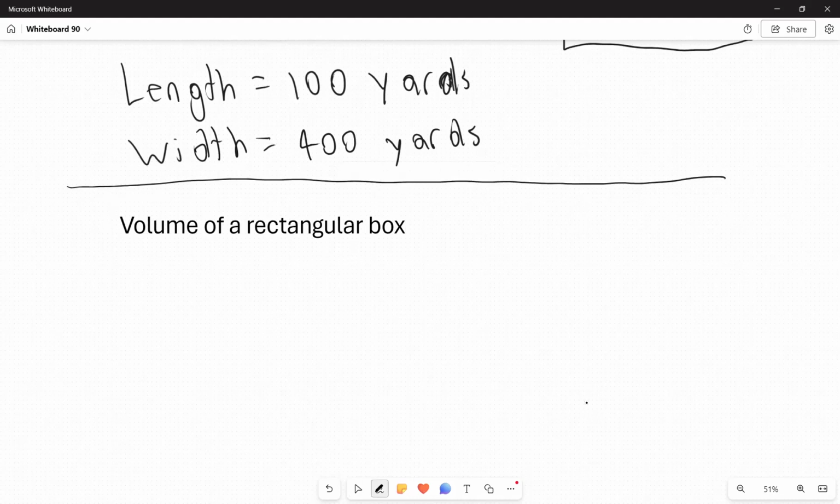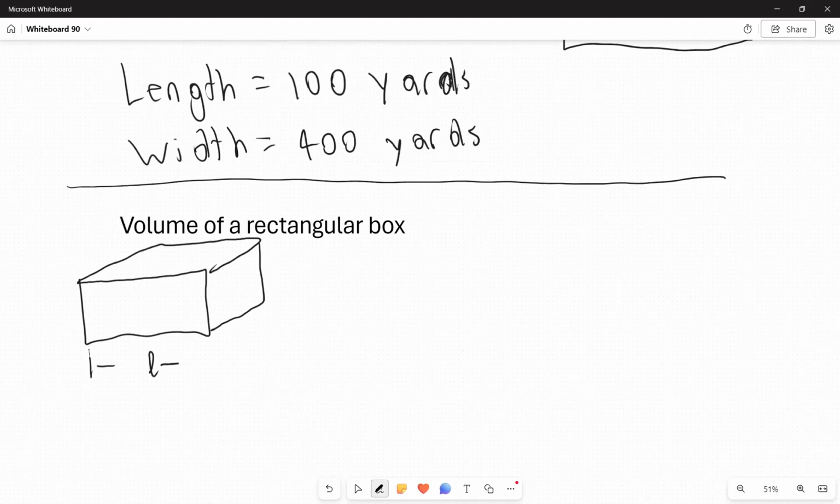So let's suppose we have a rectangular box with a given length, width, and height. Then the volume is length times width times height. So that's what we're using for the next problem on the same page, CA 130. We're doing number 27.